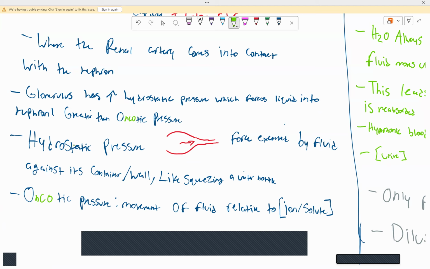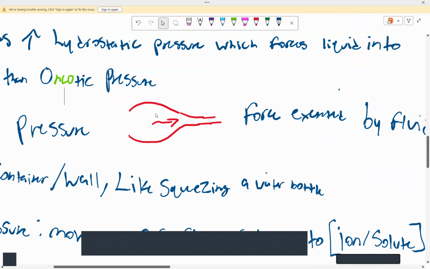What I like to think about hydrostatic pressure is kind of like squeezing a water bottle, right? I have this crude image, so imagine this is sort of a water bottle. If you accidentally sit on a water bottle, which has happened to me a couple of times, you're increasing the pressure on that water bottle because it has less volume, less area for it to move.